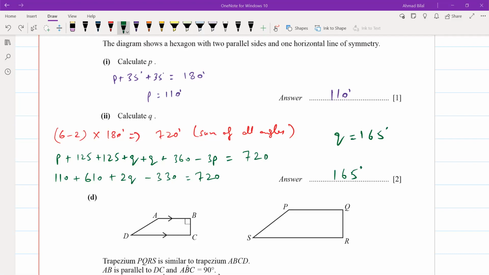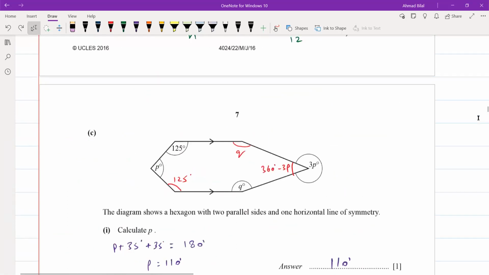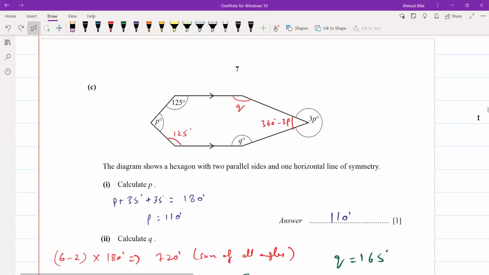All right, is this clear? Is this clear for everyone? Okay, good.